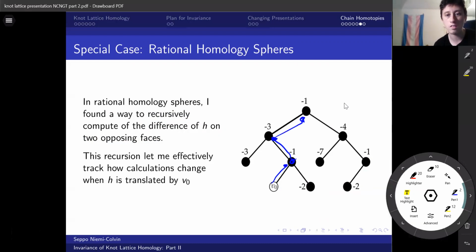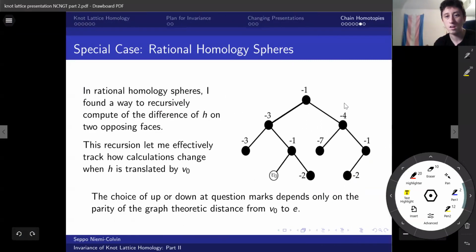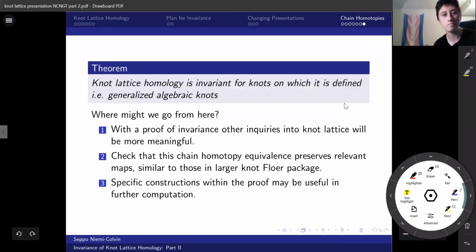And this cascade, and tracking when things can change and the direction in which things are changing, can be consolidated to say that the choice of up or down at question marks depends only on the parity of the graph theoretic distance from V0 to E, which was in our original case up top, and thus does not depend on which cube question mark you were looking at.